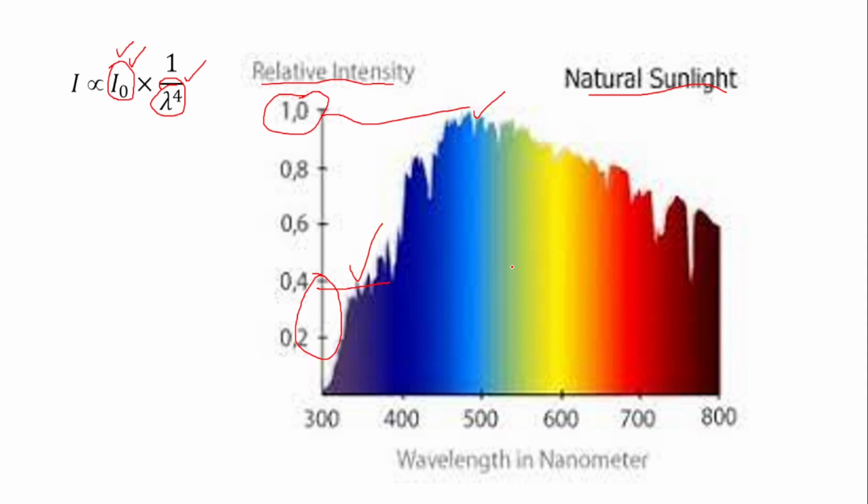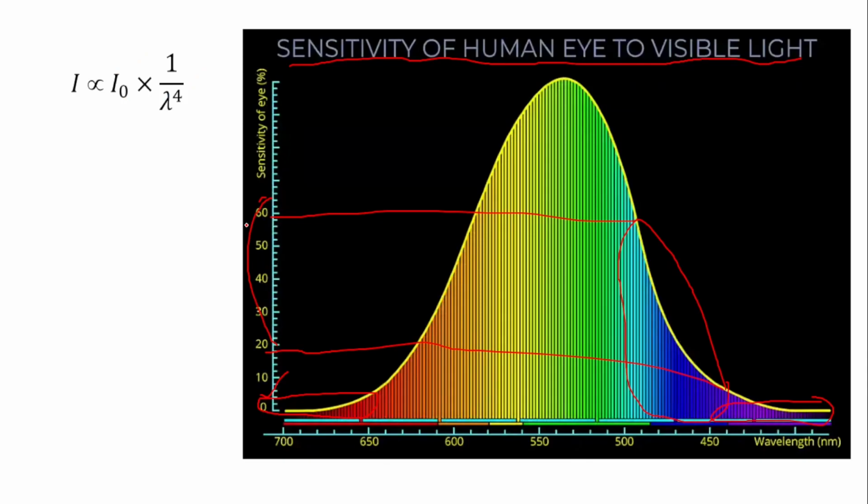There is a third reason, and that goes like this. This plot shows the sensitivity of human eyes to different colors in visible light. And you see the sensitivity is smallest for red color and also for violet and indigo. So it is very close to 0 or a little higher than 0. But for blue light, it starts almost from this position and goes to this position, light blue.